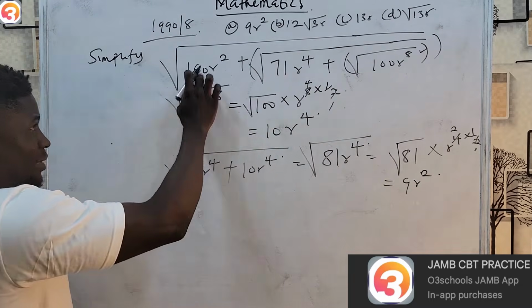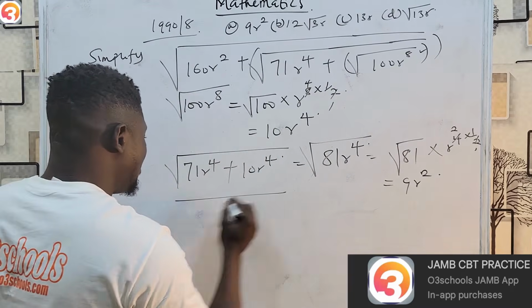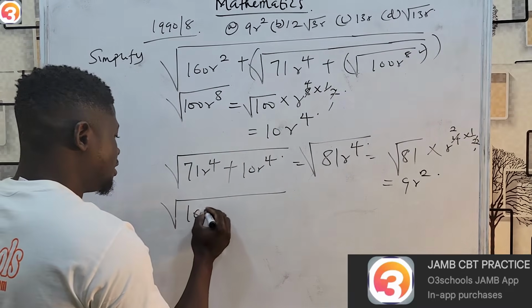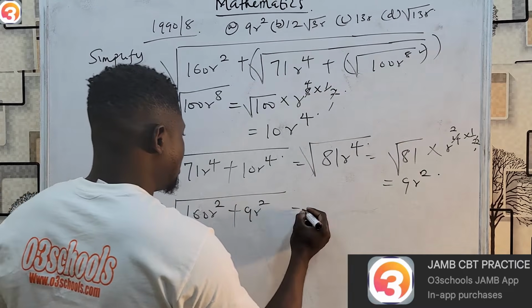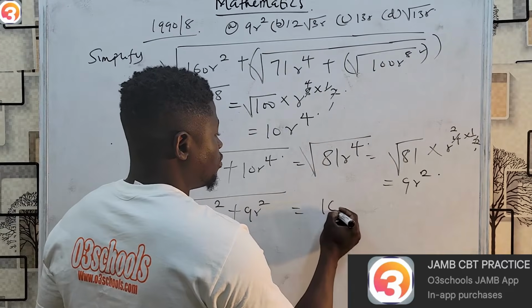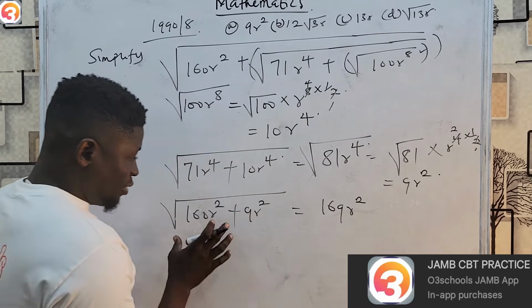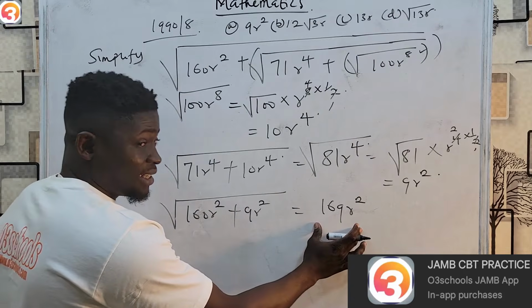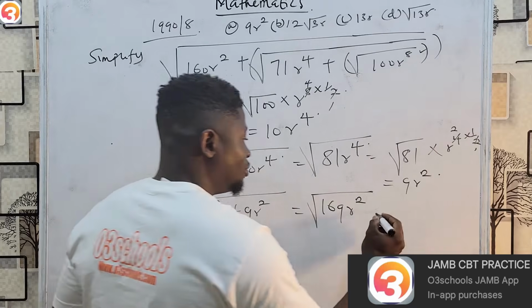So now let's bring our solution from here to this place to add. So we now have your square root again. 160r square plus 9r square, that is 169r square, isn't it? Now it is also in a square root, so we'll do the same thing.